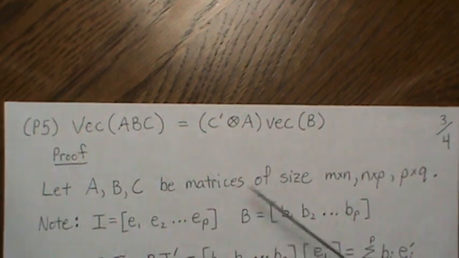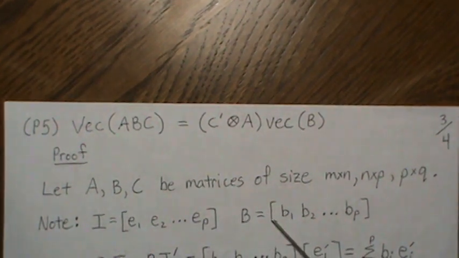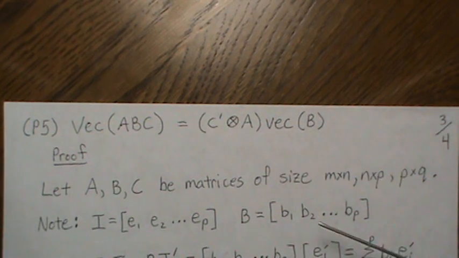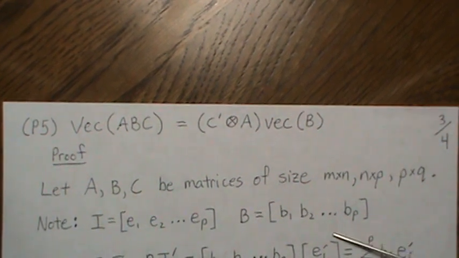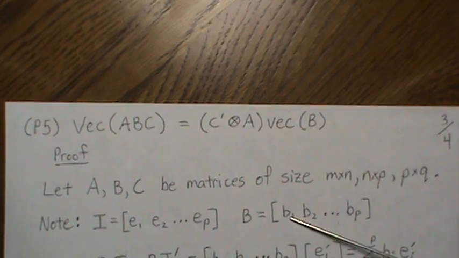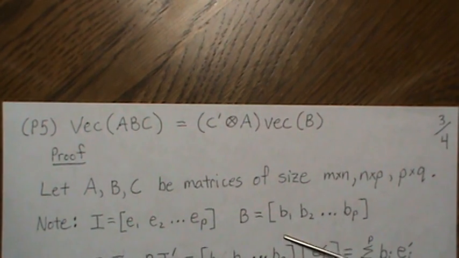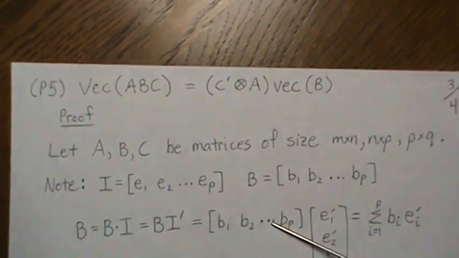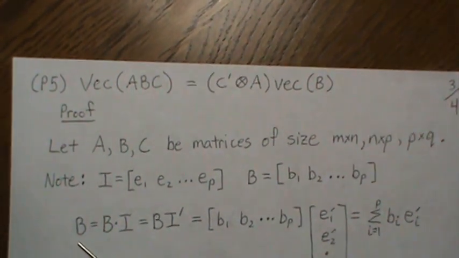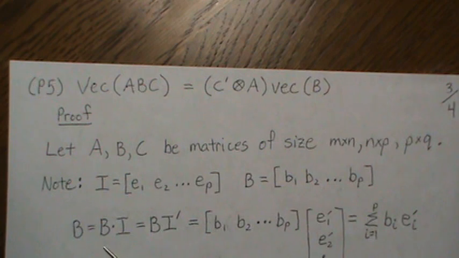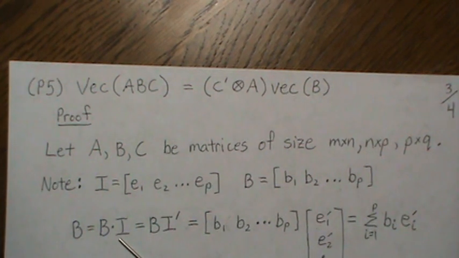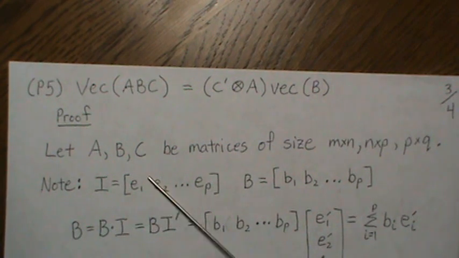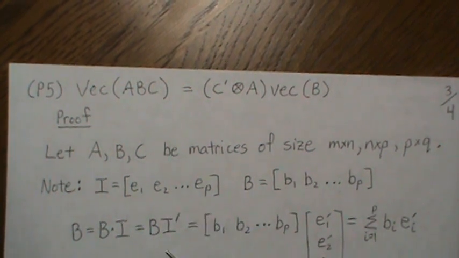And then the matrix B can be thought of like this. Note that it's n by p. So there's p columns, and each one of these b vectors is dimension n. If we take the matrix B and multiply it by the identity matrix, that's the same as B times the transposed identity, right? Because it's a diagonal matrix.